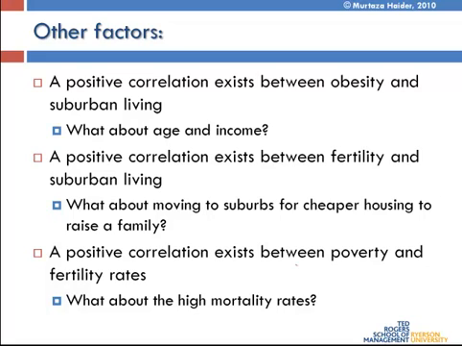Let's think about other factors that may also be instrumental. It is also true that those who live in the suburbs have higher incomes and are older people. So two things matter here.